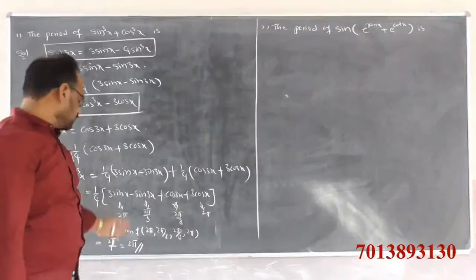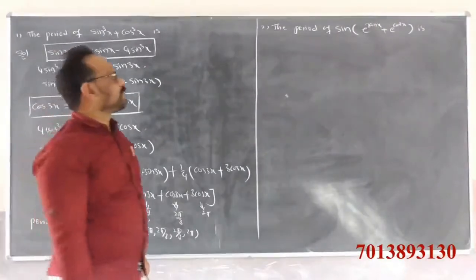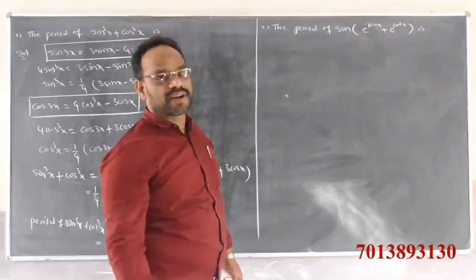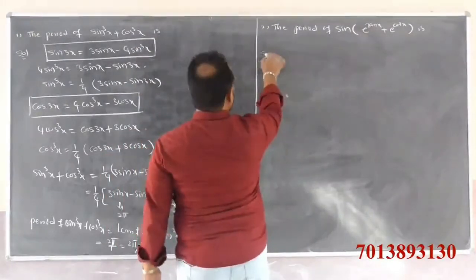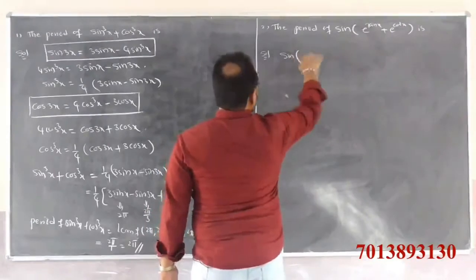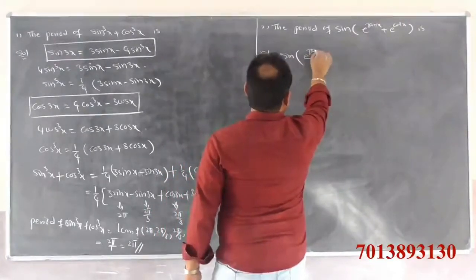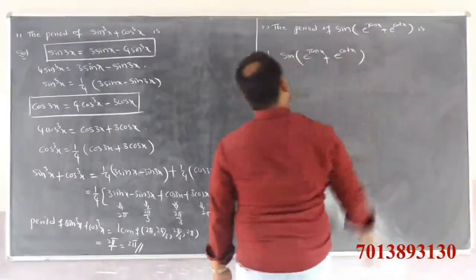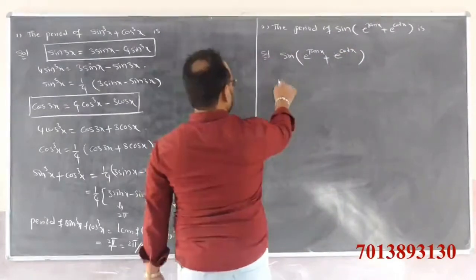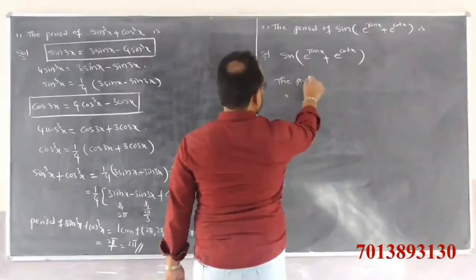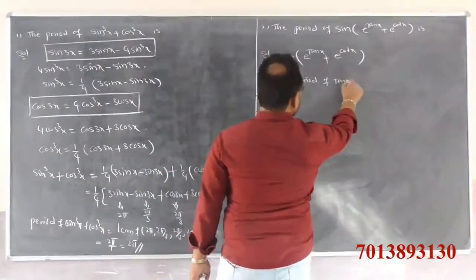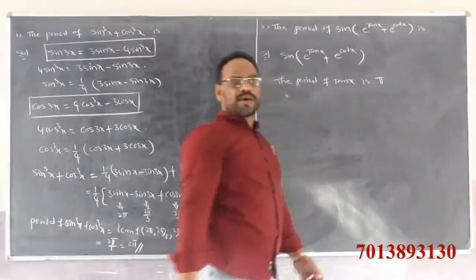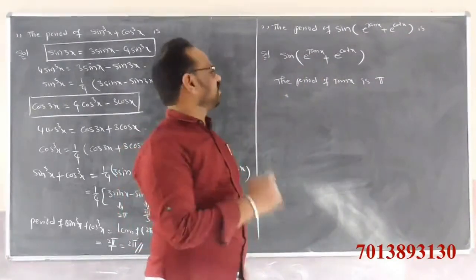The period of this function is 2 pi. Next, we want the period of sin of e power tan x plus e power cot x. That is the solution. Clearly, the period of tan x is pi.